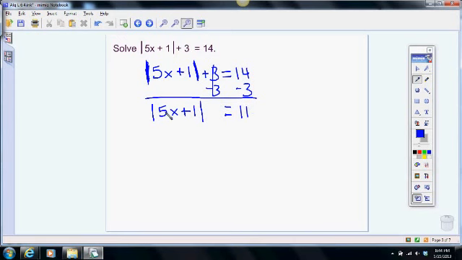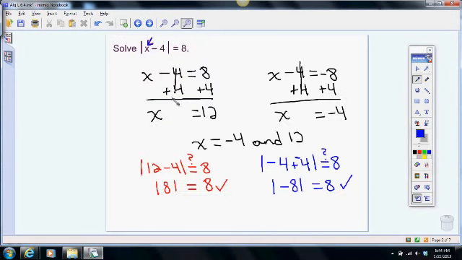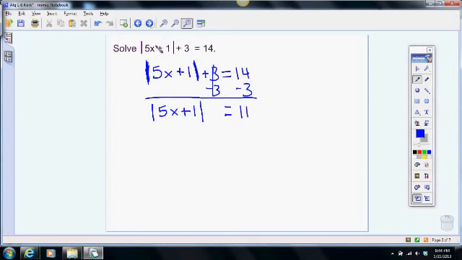Once you get to this part, you can treat it just like we did here. Set up two equations, because remember, this distance has to be 11 units away from 0. It can be either on the positive side of the number line or the negative. So you set up your two equations, 5x plus 1 equals 11, and then you can have 5x plus 1 equals negative 11, because 11 and negative 11 are both 11 units away from 0.